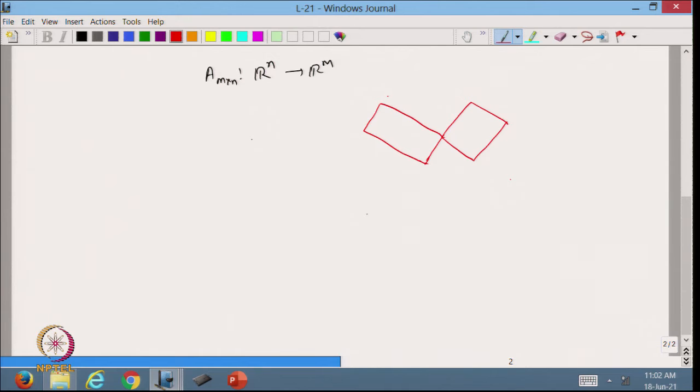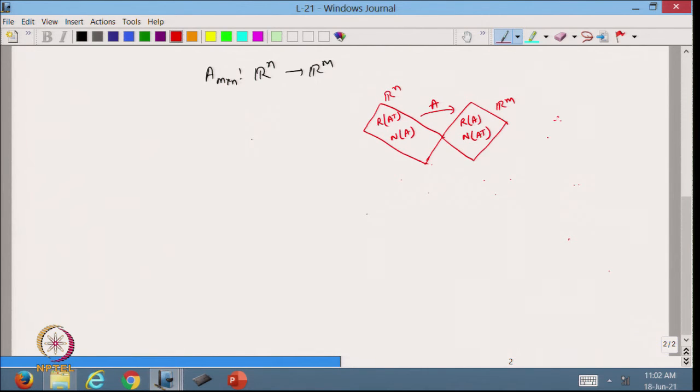So, this is my Rn and this is my Rm, and we have a transformation A. We know the range space of A and the null space of A, and this is R of A and this is N of A transpose.